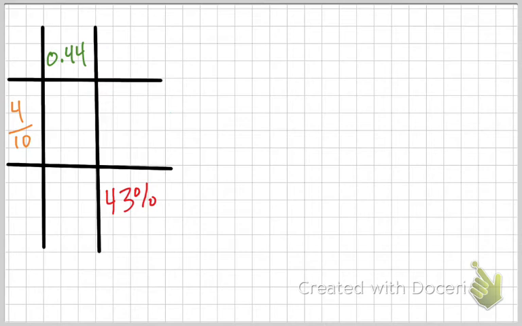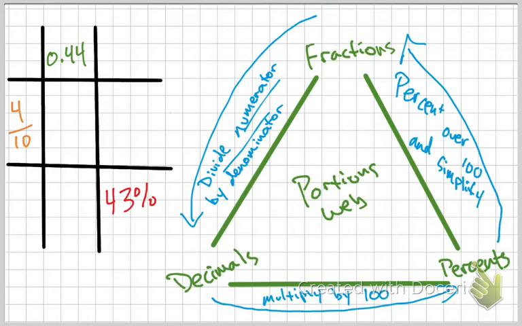So I'm going to bring my portions web back here with my rules so that I can remind myself of what we're supposed to be doing. Now, I was given 0.44 as a value. That was my first value, so I'm just going to start with 0.44. That was a decimal, and we've described you can start anywhere on the portions web, so it doesn't matter that it's not the top.